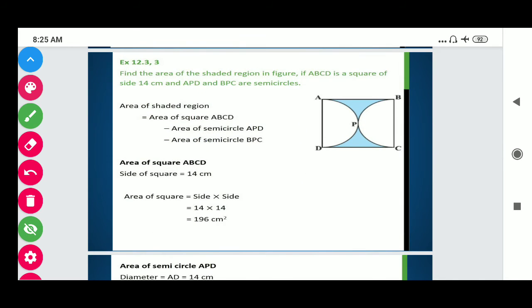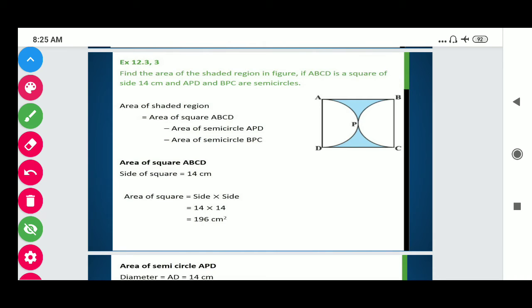Find the area of the shaded region in the given figure if ABCD is a square of side 14 centimeter and APD, BPC are semicircles. Students, we need to find again the shaded region. For that, this is a very simple question.